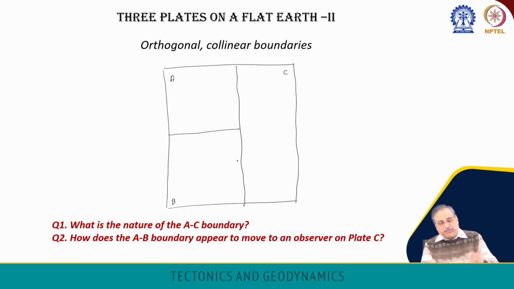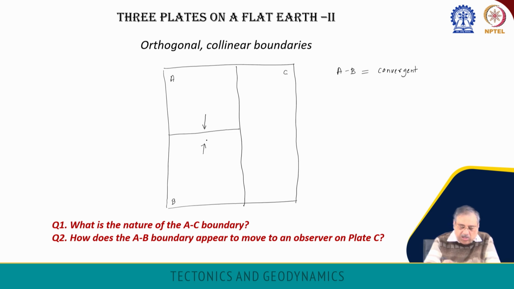Now let's also make this a little different. Let's just think of the relative velocity vectors. Let's say the boundary between A and B, the AB boundary, is convergent. So we'll treat it as a convergent boundary, and the direction of movement is exactly at right angles. In this case, I have to indicate which is the subducting plate and which is the overriding plate.